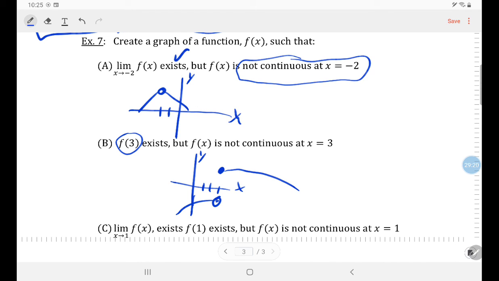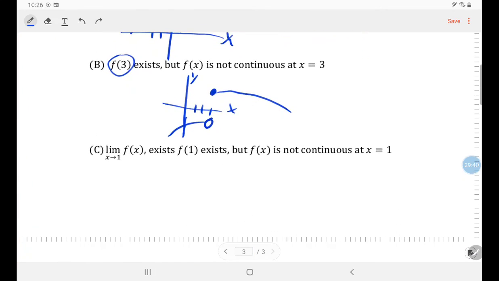Please do not put 2 shaded in circles because that's going to make it not a function. You're violating functionality here, completely butchering the vertical line test. So when you're going like that vertically, 1 solid dot, 1 hole, and my left limit does not equal my right limit. So that satisfies B pretty easily.